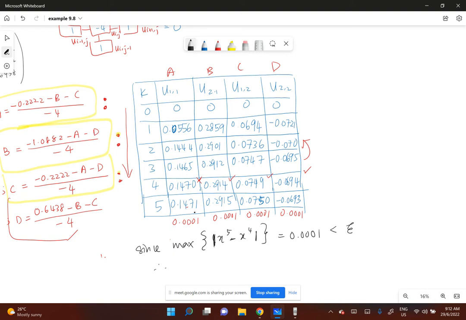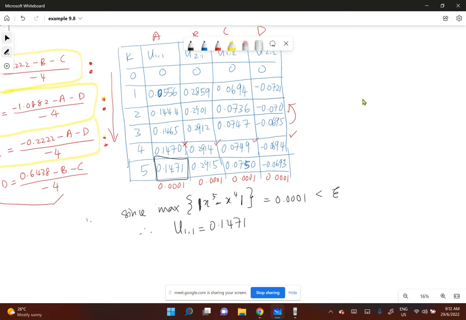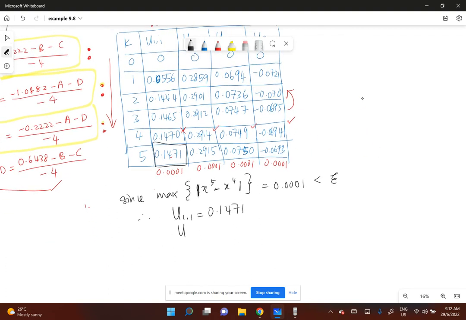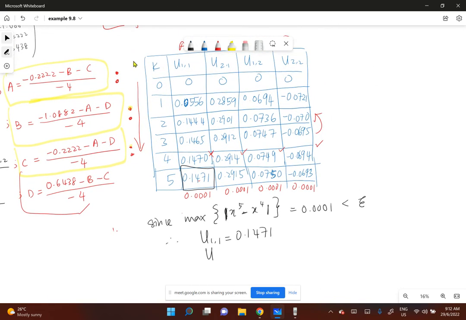Therefore U11 is equal to 0.1471, U21 is equal to 0.2915, U12 is equal to 0.075, and U22 is equal to negative 0.0693. So done. Okay?